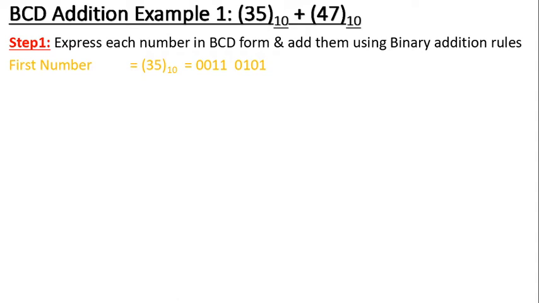So 35 will be 0011, 0101. There are two nibbles in this particular representation. Similarly, the second number 47 decimal is expressed in two nibbles on the right side: 0100, 0111.